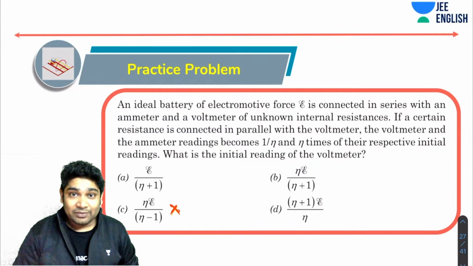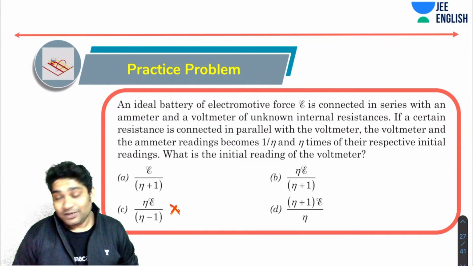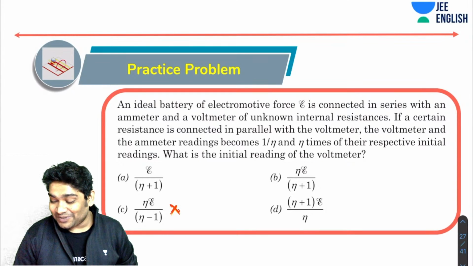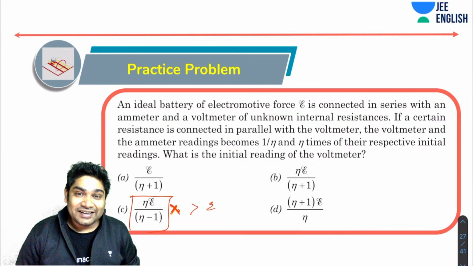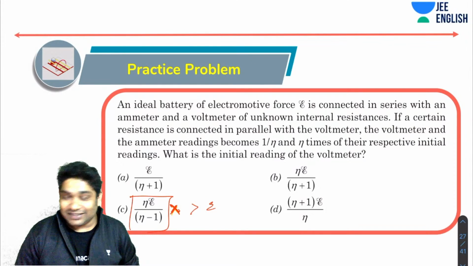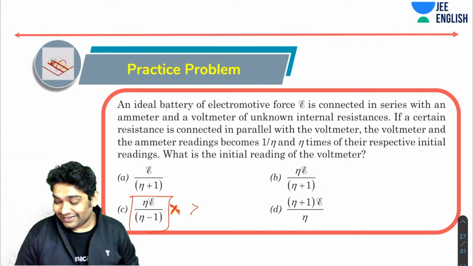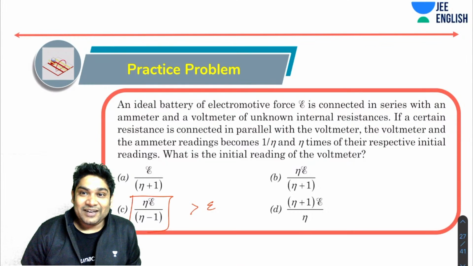You realize option C is greater than the EMF. The voltmeter reading could never have been greater than the EMF. Think about this. How could the voltmeter reading be greater than the EMF of the battery?